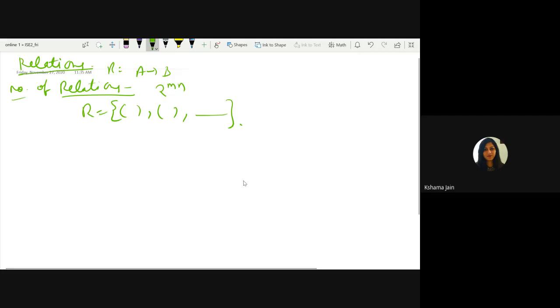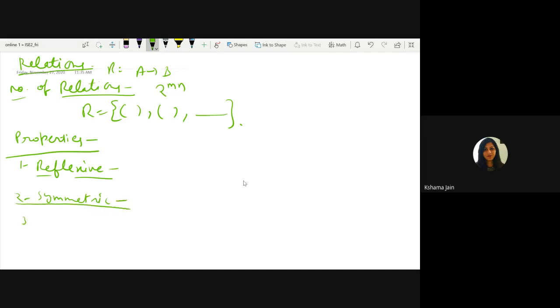Okay. Now we come to the properties. So what are the properties? Very important. Although you might have already studied them in your PUC. Reflexive, symmetric, antisymmetric, and the fourth is transitive.